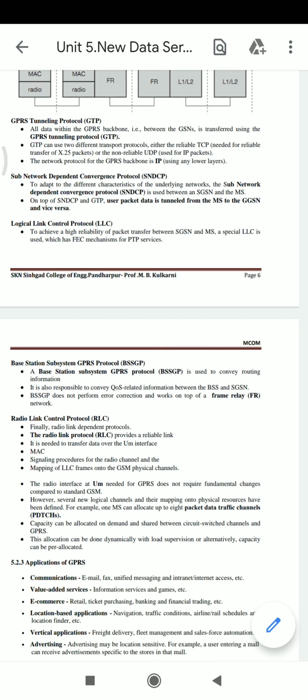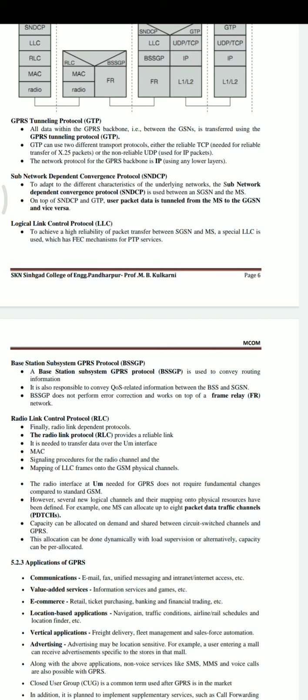But this protocol never performs any error correction during the transmission. Its responsibility is just to provide the information required to provide the quality of service, but whenever an error occurs in the transmission, the forward error correction mechanism will be implemented by the logical link control protocol.